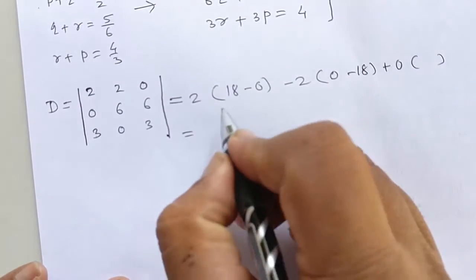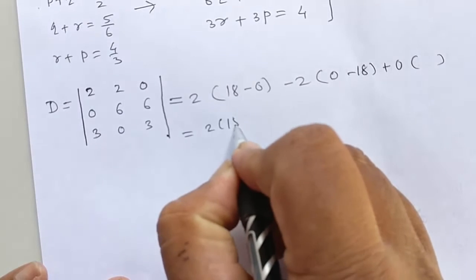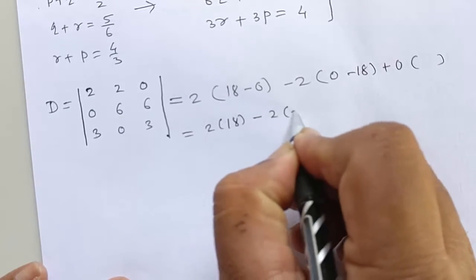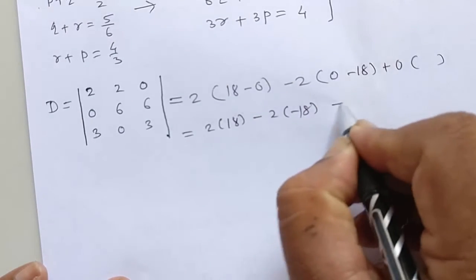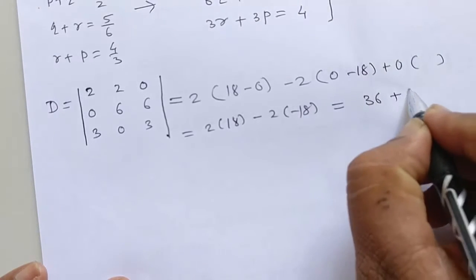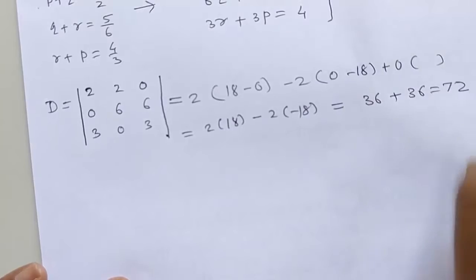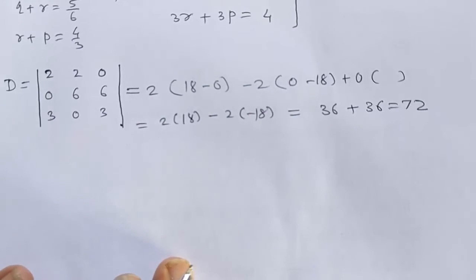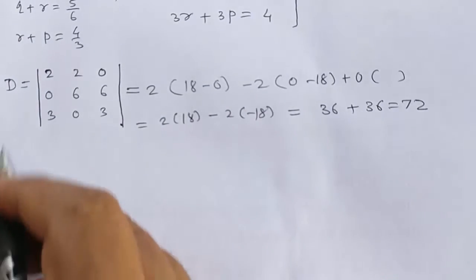It is equal to 2 into 18 minus 2 into minus 18. So this is equal to 36 plus 36, which is 72. So the value of D is 72.